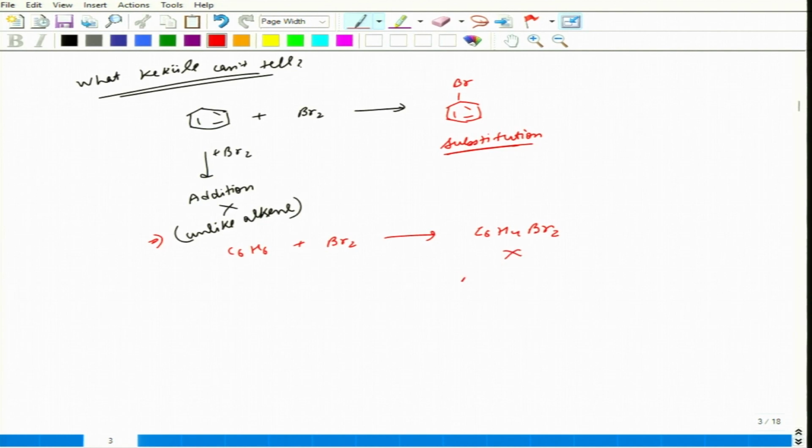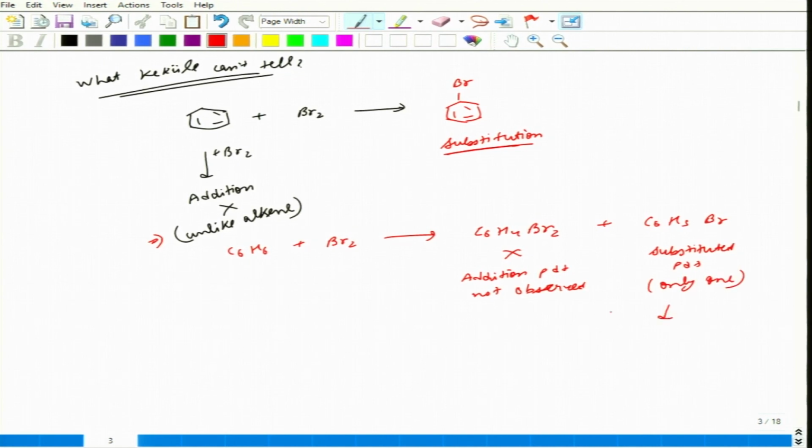This is not observed, the addition product is not observed, rather we got a substituted product, and only one substituted product.